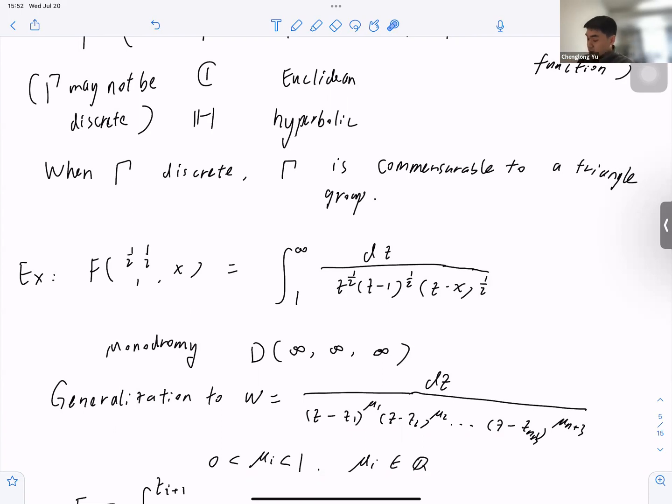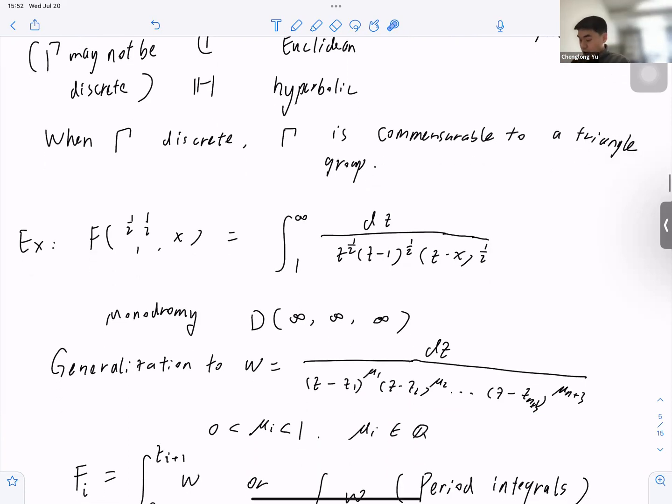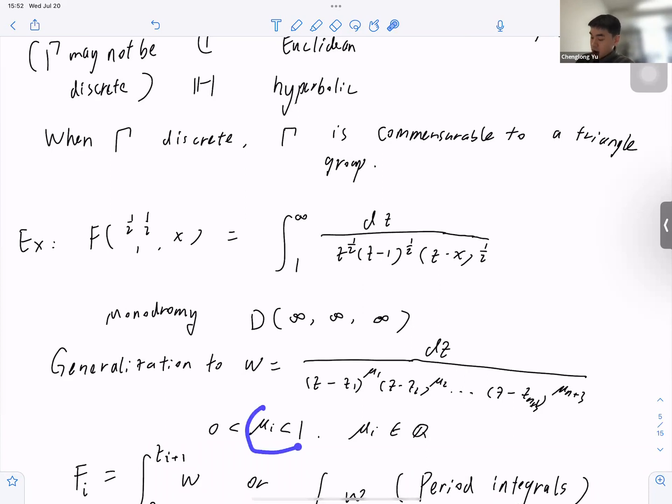So if we consider a differential form of the following form, dz over some expression like z minus z_j to the power mu_j, and in order to integrate this differential form from z_i to z_j, then we require those pole orders mu_j to be less than 1 and greater than 0.